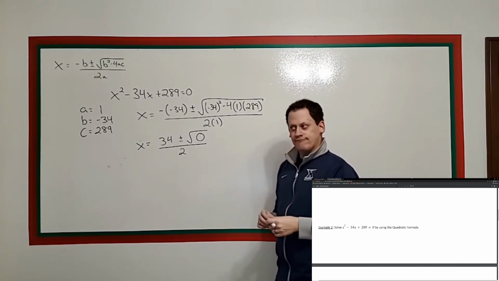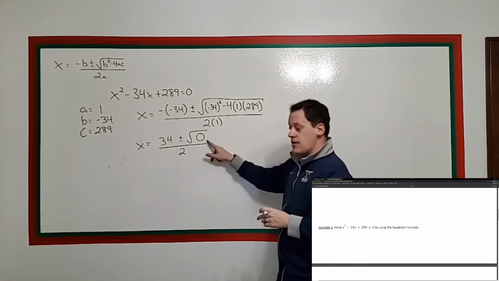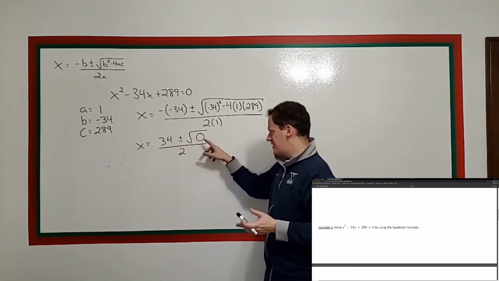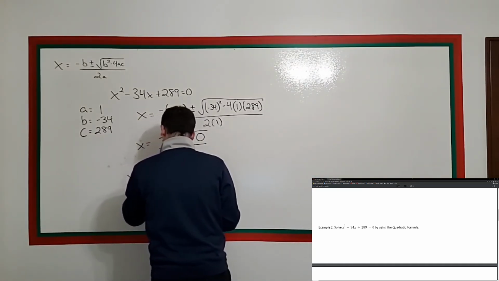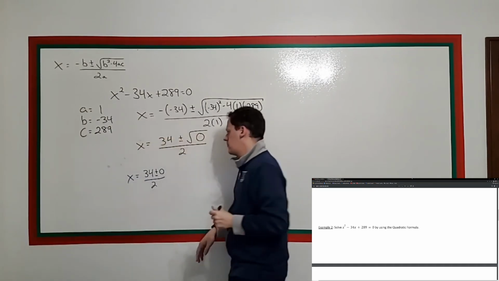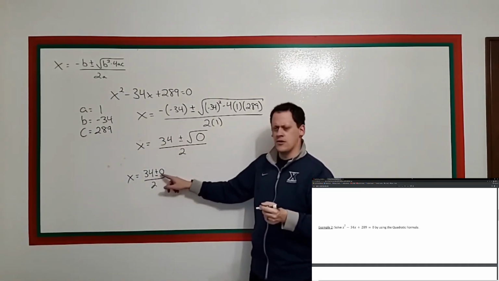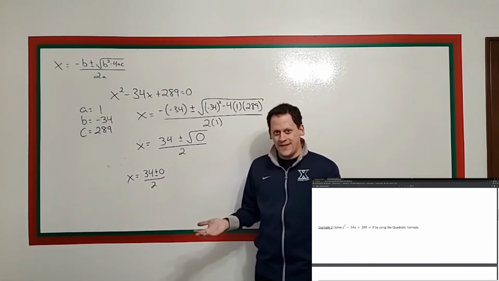So that makes our lives pretty easy. The square root of 0 is just 0. So this is 34 plus or minus 0 over 2. But 34 minus 0 and 34 plus 0 are both just 34.